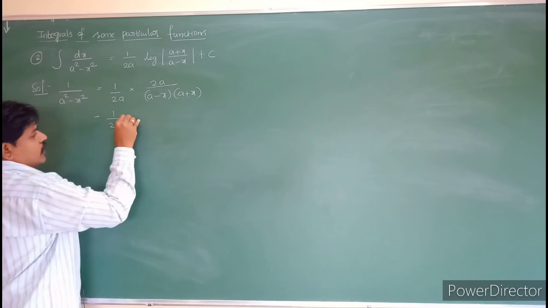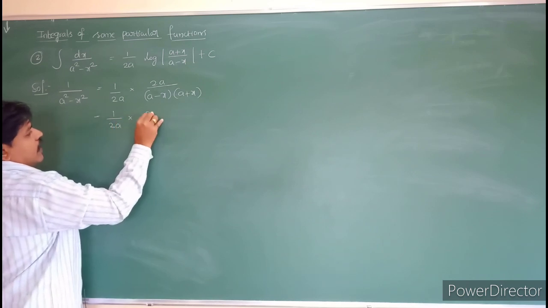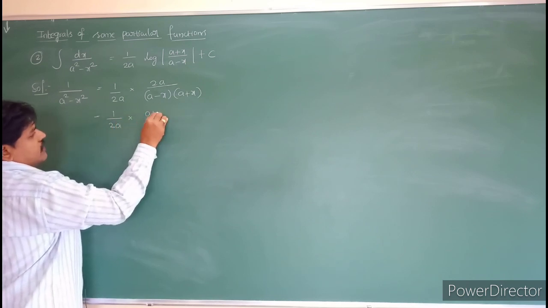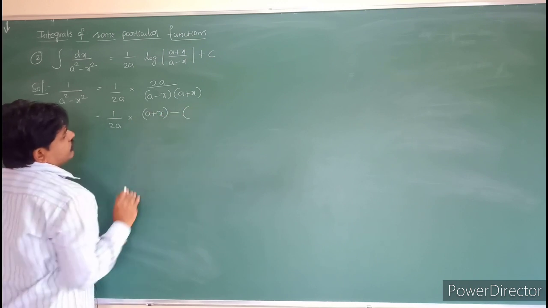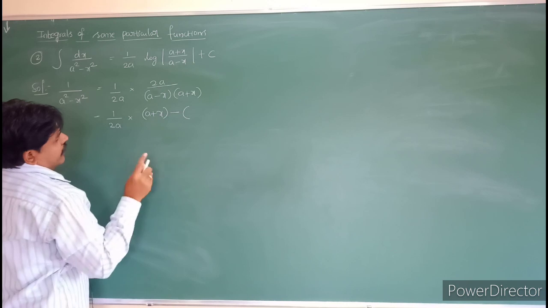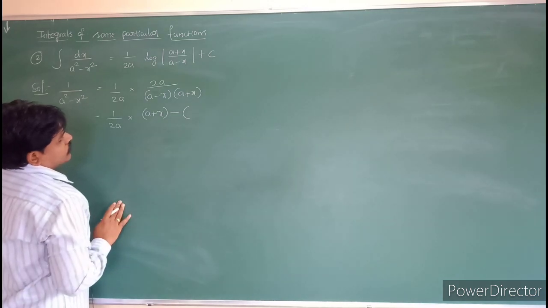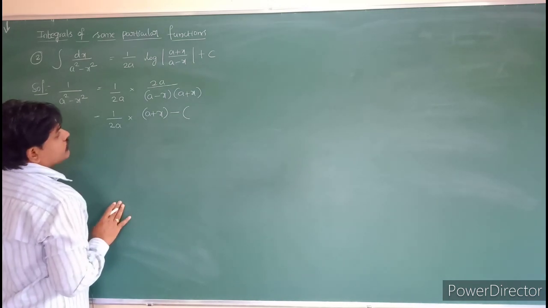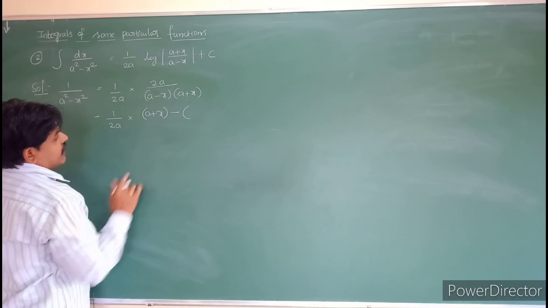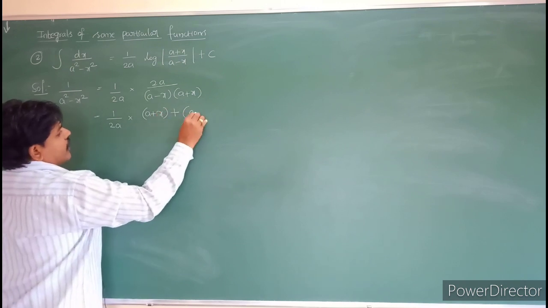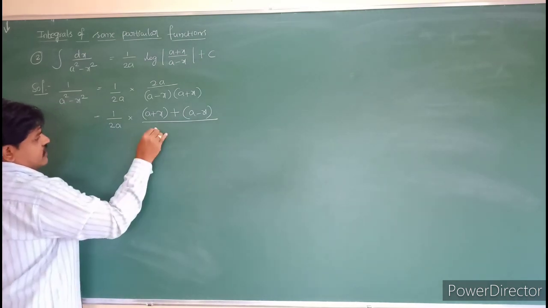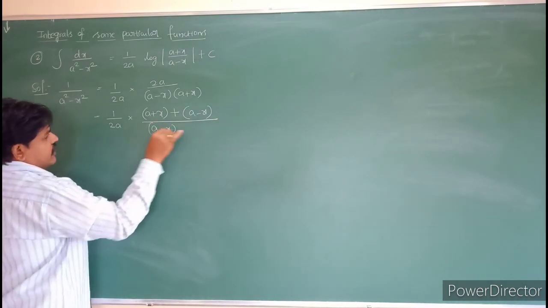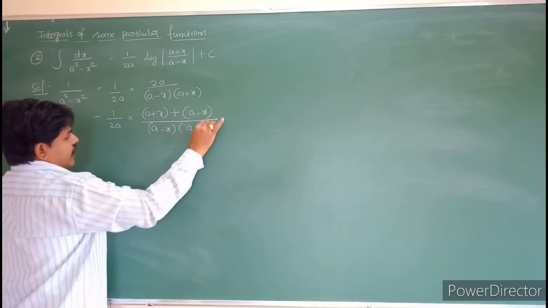I will write 2a as a plus x plus a minus x, over a minus x into a plus x.